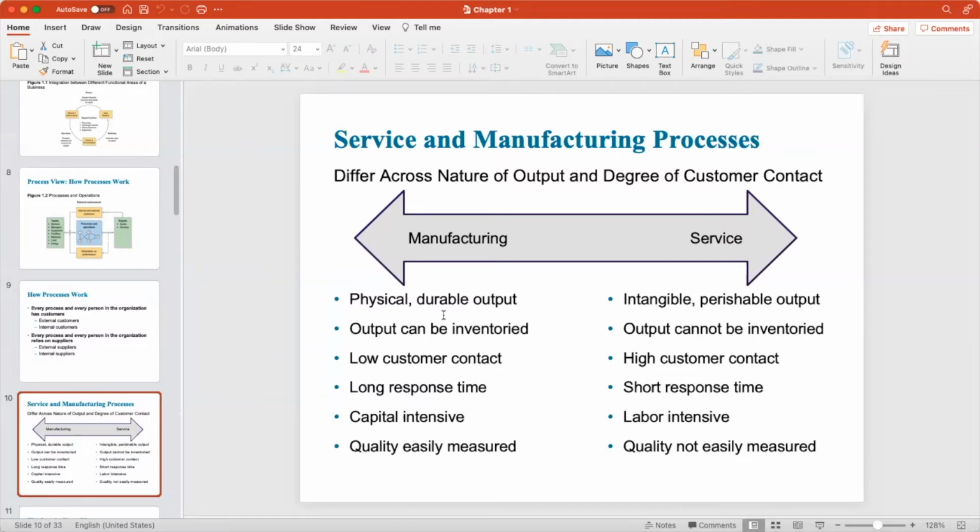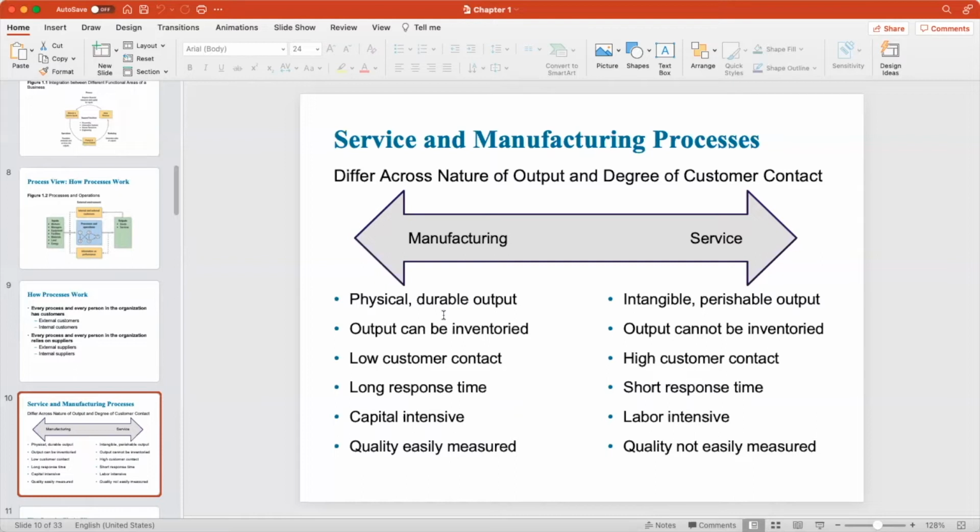We'll talk about that in a later chapter. Relatively, it may need lower customer contact compared to the service process, and it may have a longer response time, and it's more capital intensive, and the quality itself is easier to measure compared to the service process.